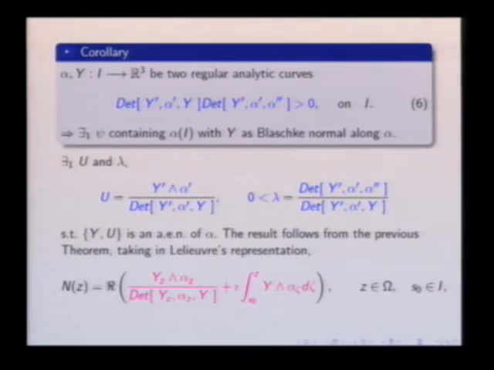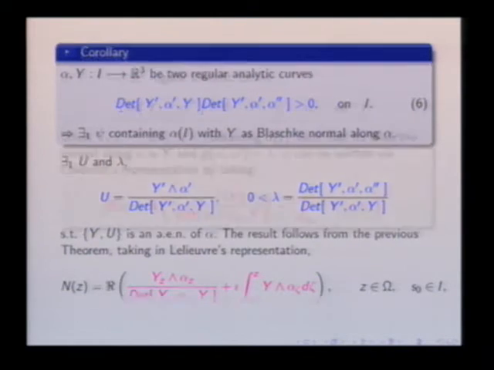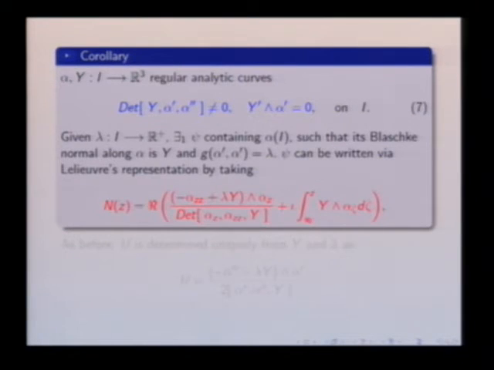In this case, the curve is never an affine curvature line of the immersion because alpha prime and y prime are always two independent vectors. But if we look for the case that alpha is an affine curvature line, then we have the following result.